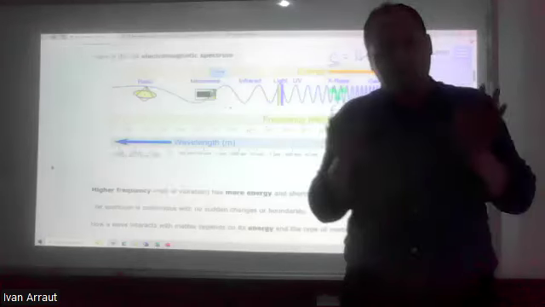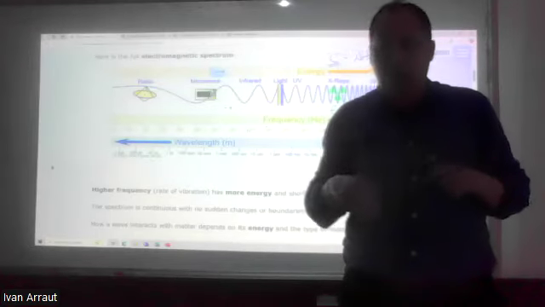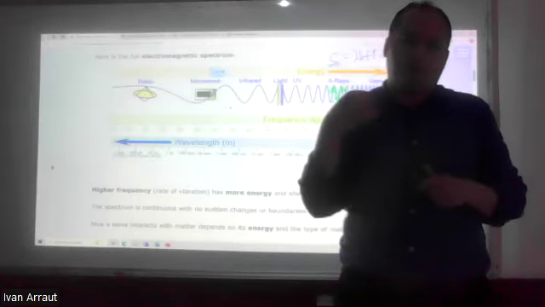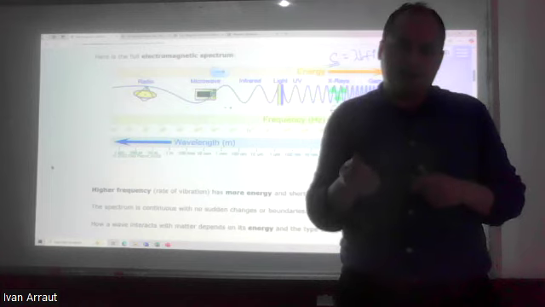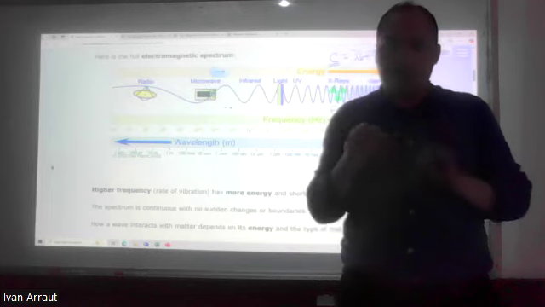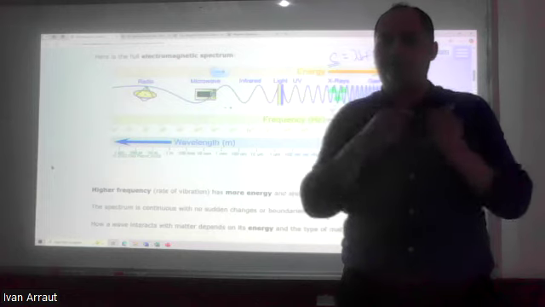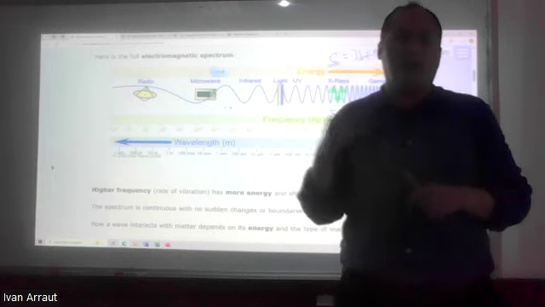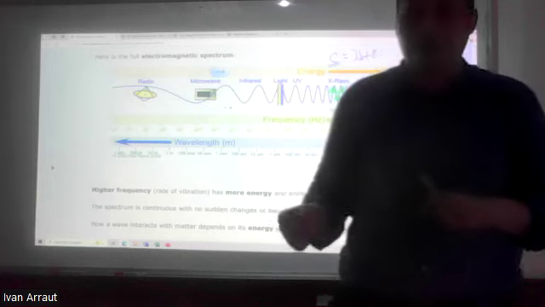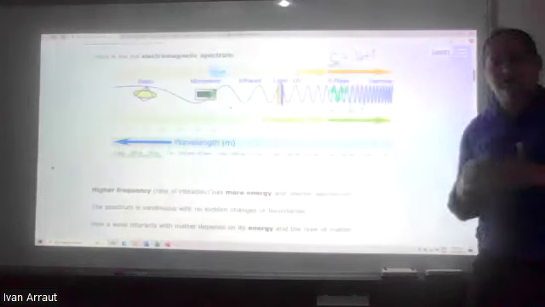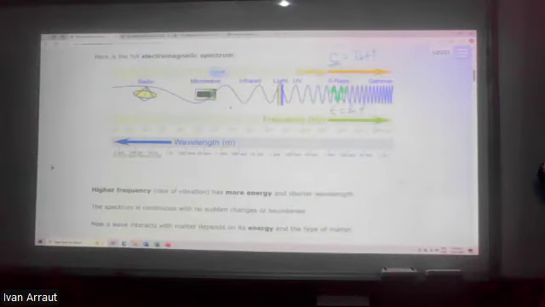In reality, what happens is that when the light enters the materials, it's absorbed and re-emitted many times by the atoms. And that creates a delay effect. And that delay effect creates the illusion that the light is moving slower, but it's not moving slower. It's moving at the same speed, only that the atom spends some time absorbing and re-emitting.